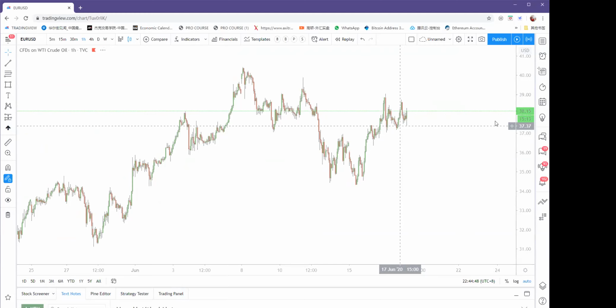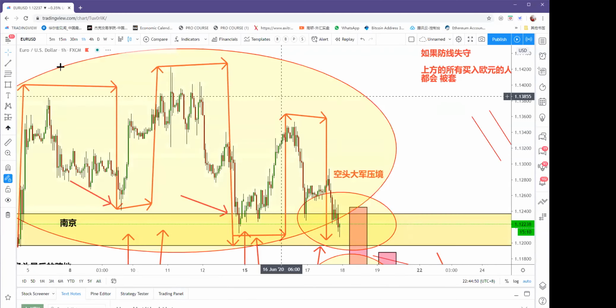Okay, euro. Let's go for euro. Euro has some problem here because it is trying to form a double top. So we have to observe this very clearly, whether the sellers can successfully break down 1.1185. Mark this level, 1.1185.